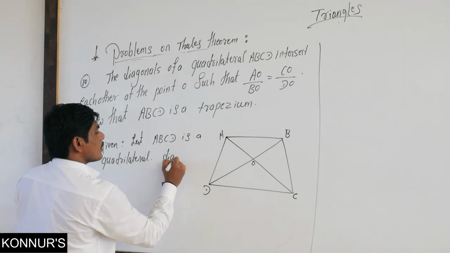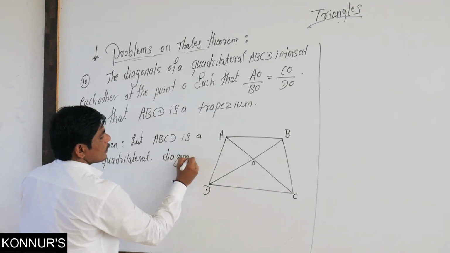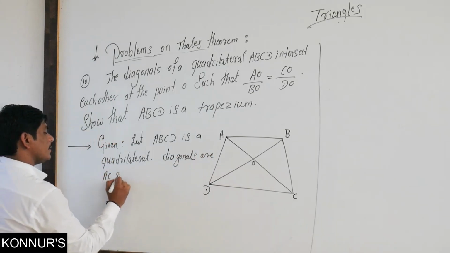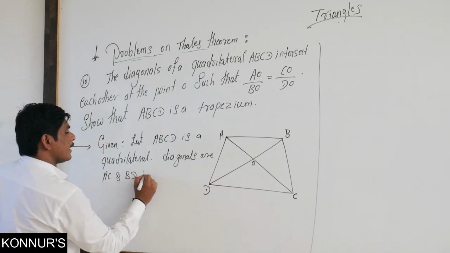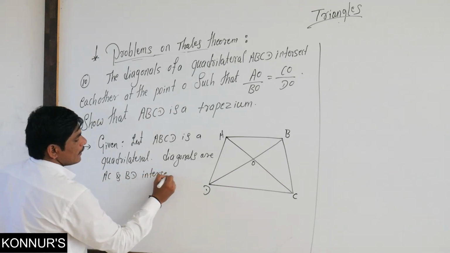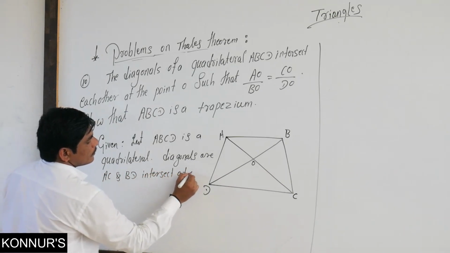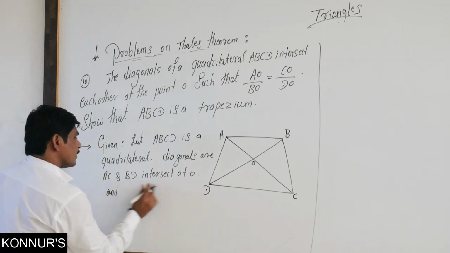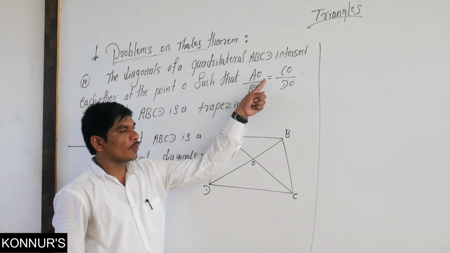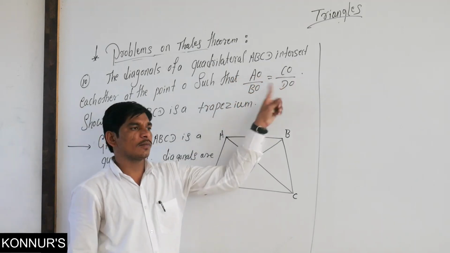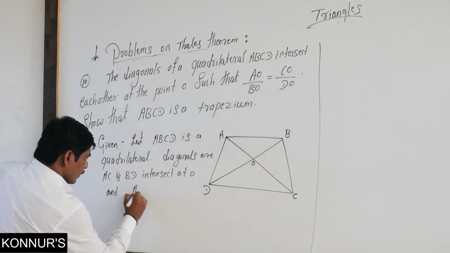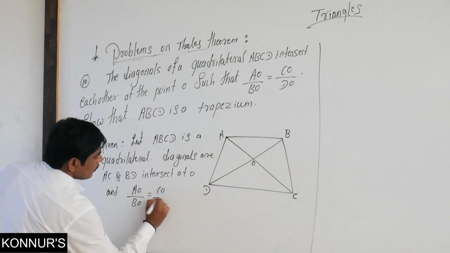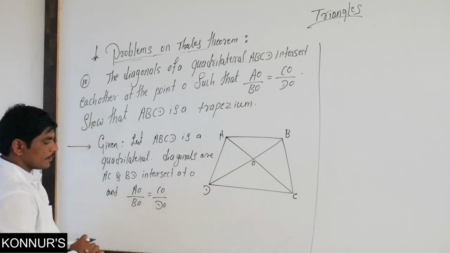Diagonals AC and BD intersect at O. And the one more given is AO by BO is equal to CO by DO.